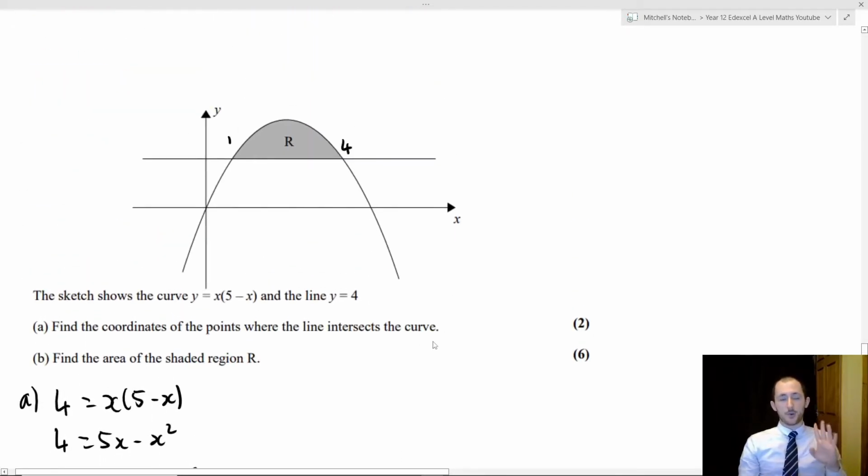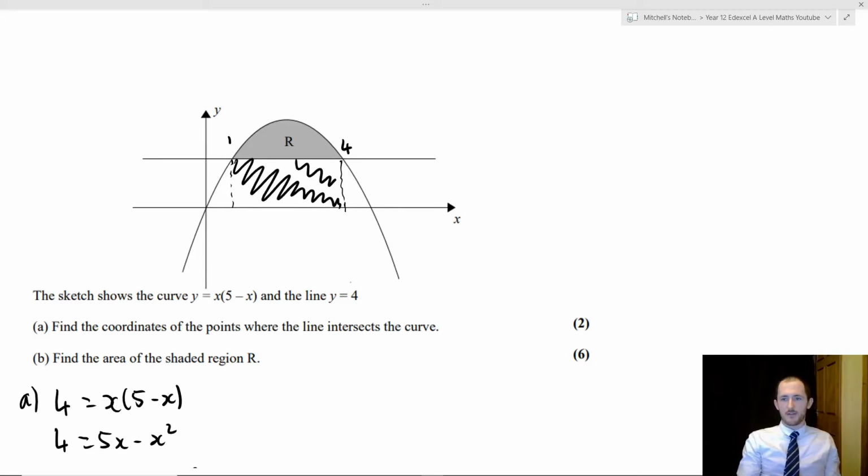That will get you 4 marks out of 6 because, and this is the problem, if you do that, you also include all of this area, okay? Which is a mistake. The last 2 marks come from working out the area of this rectangle and taking it away from your integration. That's where you get your last 2 marks, okay?